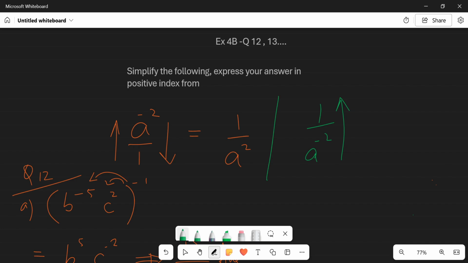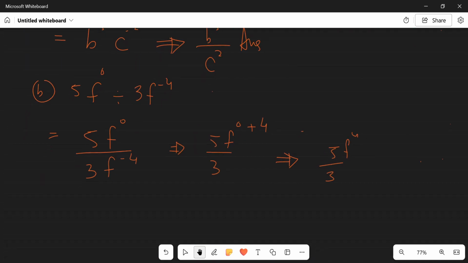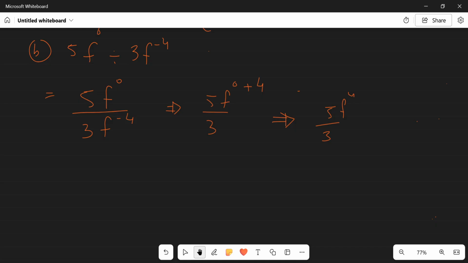The denominator is converted into the numerator, so it will become a to the power 2 when it goes up. Here it is the same thing with f to the power minus 4. When you change the position, when it goes from the denominator to the numerator, it becomes positive, so f to the power plus 4, and the answer is f to the power 4 only. Okay, now the next question.